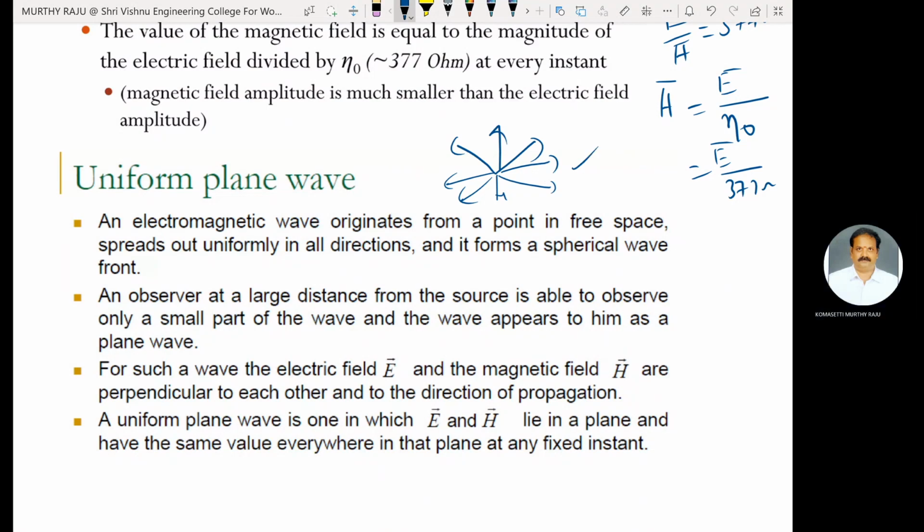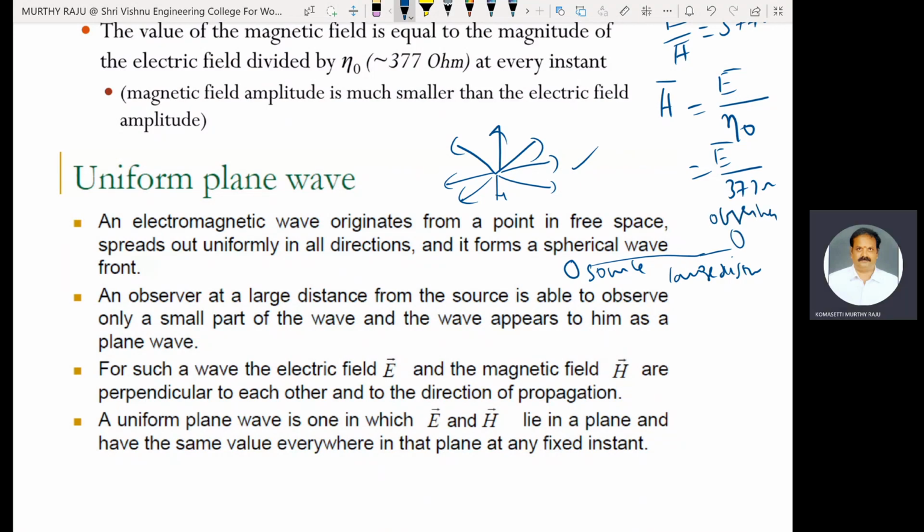This is the source, at a large distance. This one is the observer. An observer at a large distance from the source is able to observe only a small part of the wave.